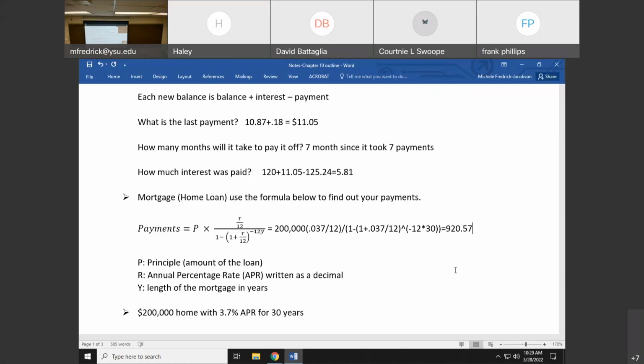Oh, it's a times. Yeah. Thank you. You want to be careful. This one is a multiplication. I should have used an X. Yeah, because it's -12 times the number of years.